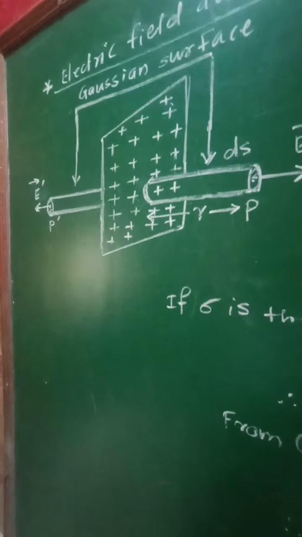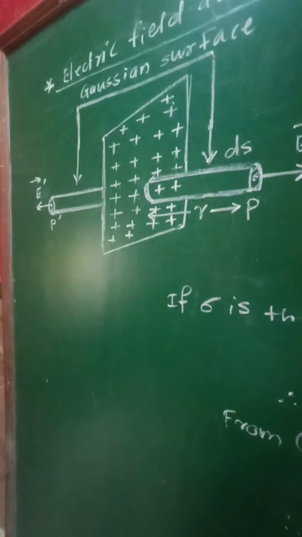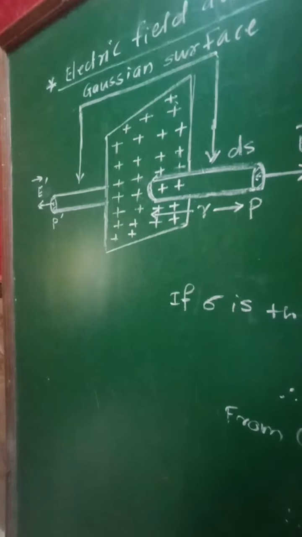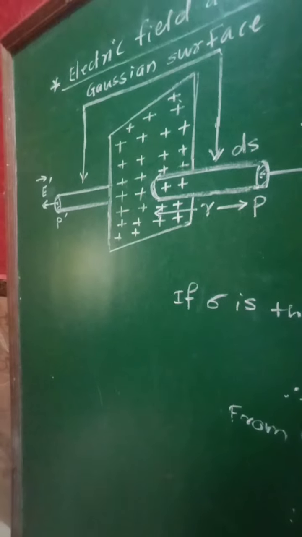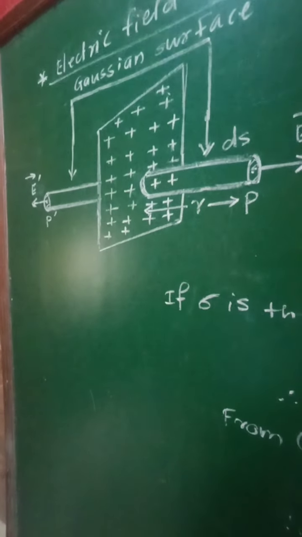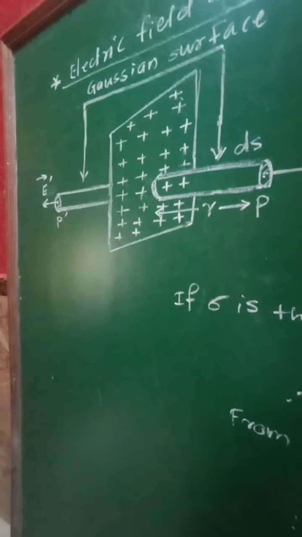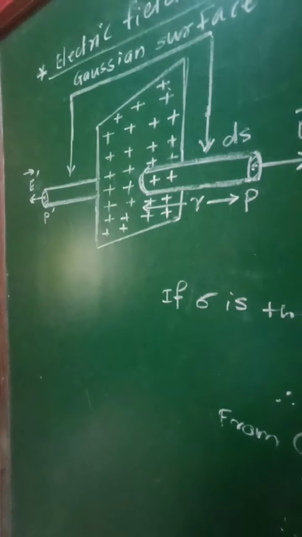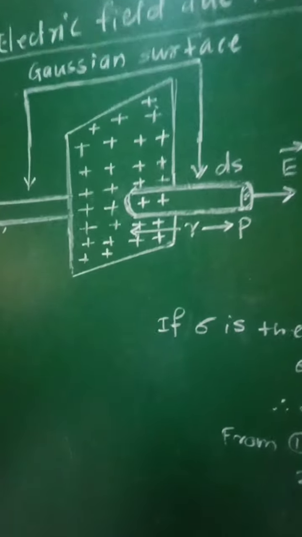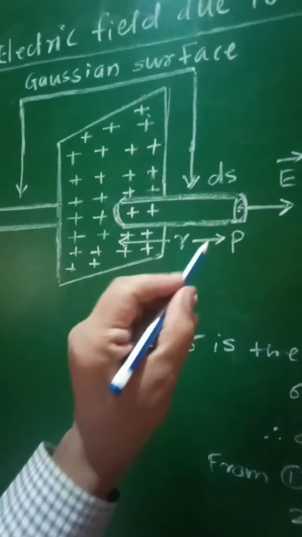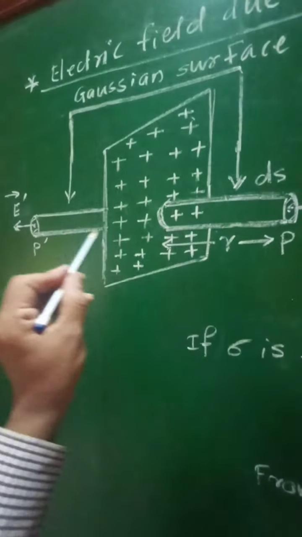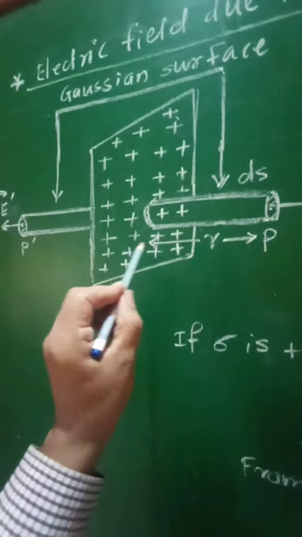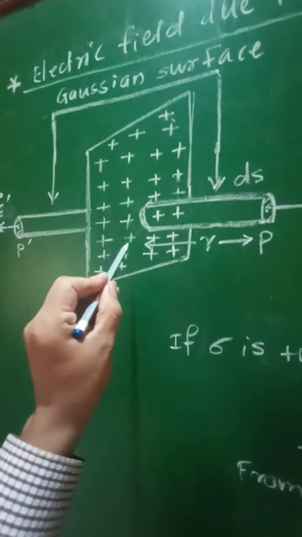Now by symmetry, the electric field is at right angle to the ends and away from the plane of that sheet. Then the magnitude of the field is the same at points P and P dash, as the points P and P dash are lying at the same distance r from that plane sheet.